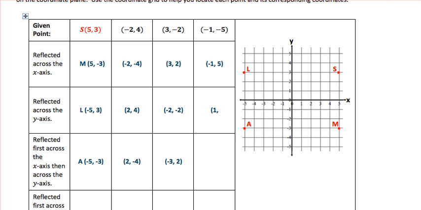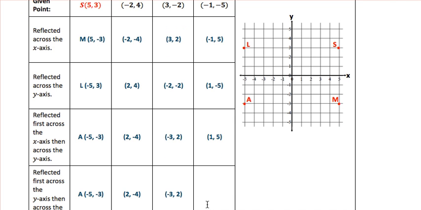So that'll be 1, negative 5. And if I'm reflecting across both, I'm going to change both signs, and that will be 1, 5, which is also the case if we change the order. It still ends up in the same spot.